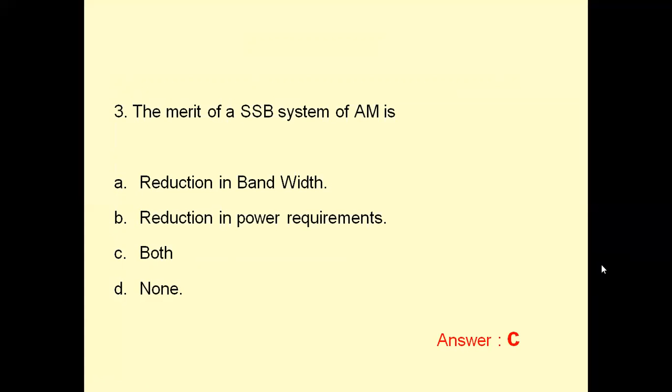There is a reduction in power level, because the carrier is removed and one sideband is removed. We are transmitting only one sideband, and hence the power requirement is greatly reduced. So the main advantages of the SSB modulation system compared to AM are reduction in bandwidth and reduction in power requirement.